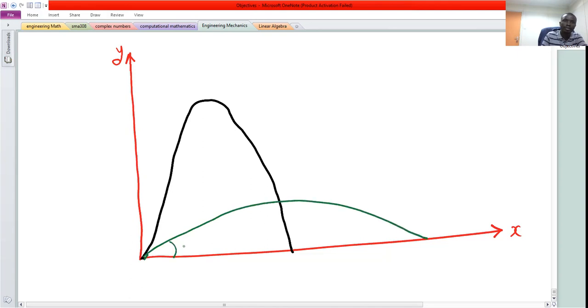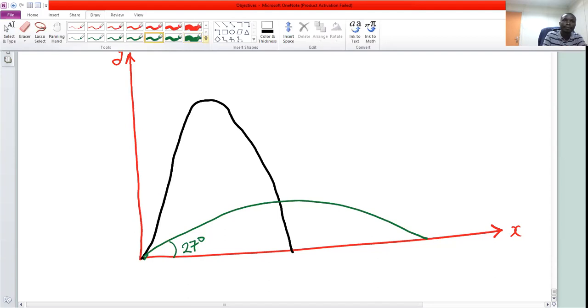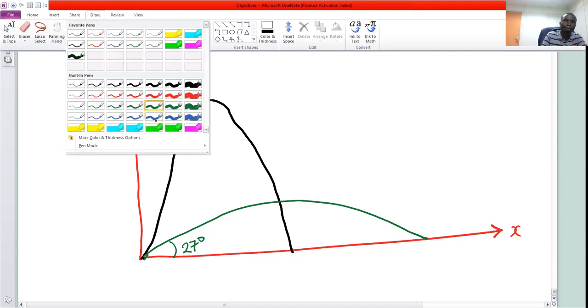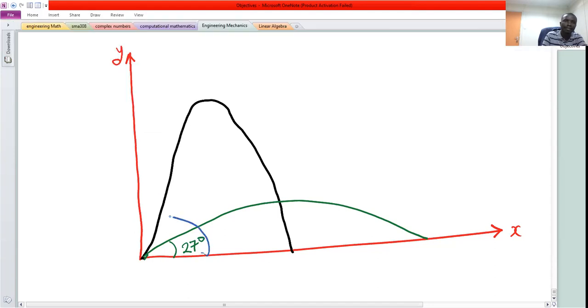So this is 27 degrees, while the other one is for 77 degrees. So that is what that problem required. Thank you.